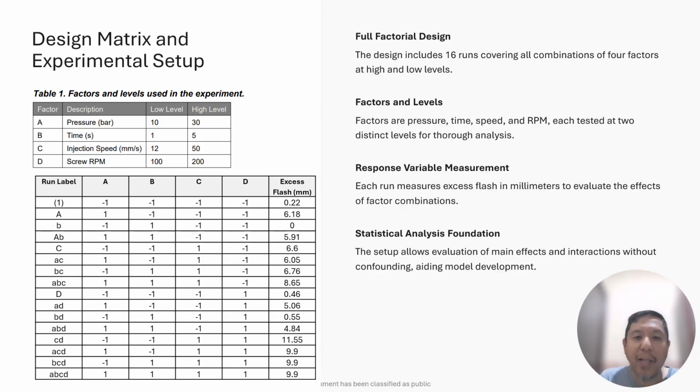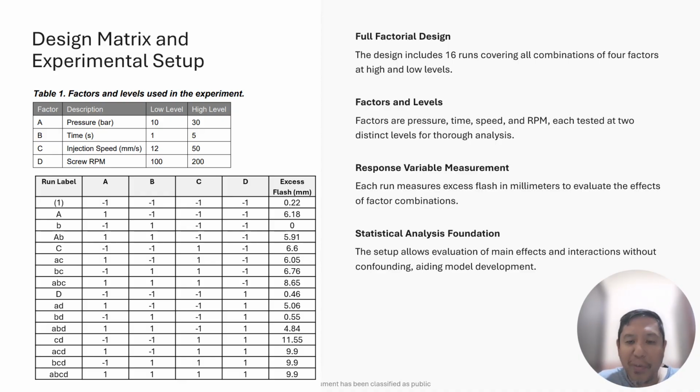Right, to tackle this, we're using design of experiments. DOE is a very powerful method that lets us vary several factors at once in a planned way and observe the effects on the outcome. This is more efficient and informative than changing one factor at a time, and it also reveals any interactions between factors.